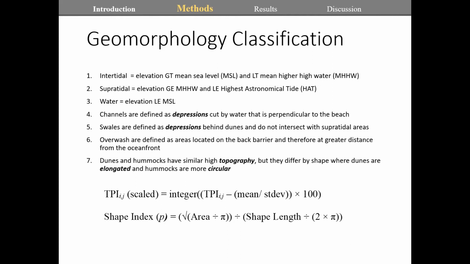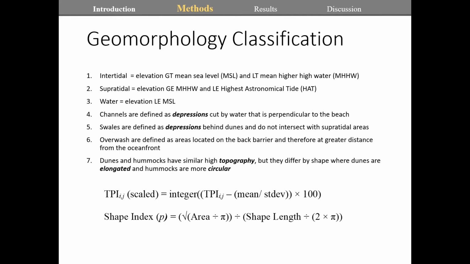And we also use the shape index to help with these things that are circular versus more elongated. Have other people ever used the shape index for things? Yes, right. Some trees are very circular. And also, if you want to separate parks that might have the same signature, it's very green, but a park is usually a very regular shaped square looking thing versus a natural area, which might be more circular.